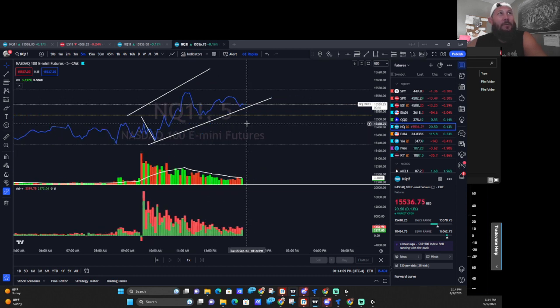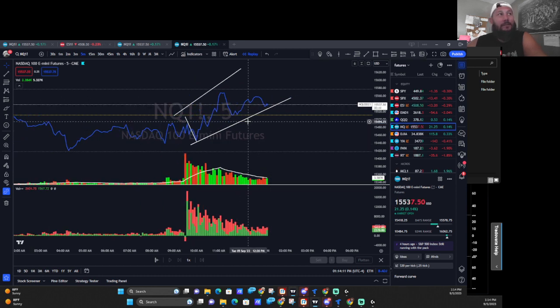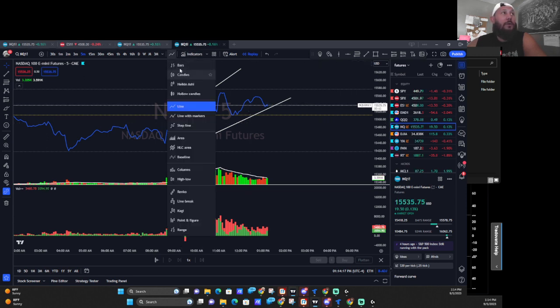You can't tell what price action is in that. You cannot use that for trading, okay, for day trading. So you always want to be using candles, and you don't want to use Heikin Ashi candles. You don't want to use those yet because those take an average. So you always want to be using candles.